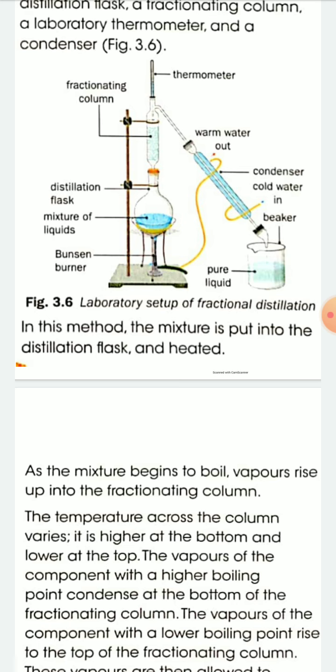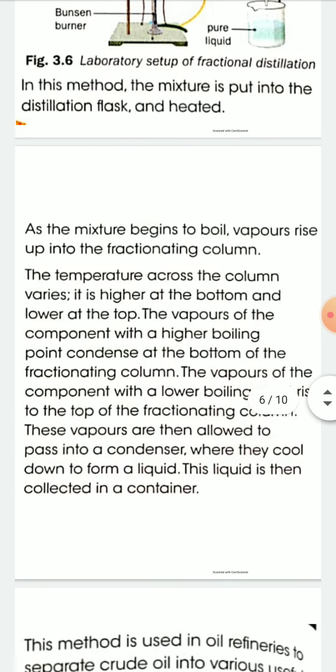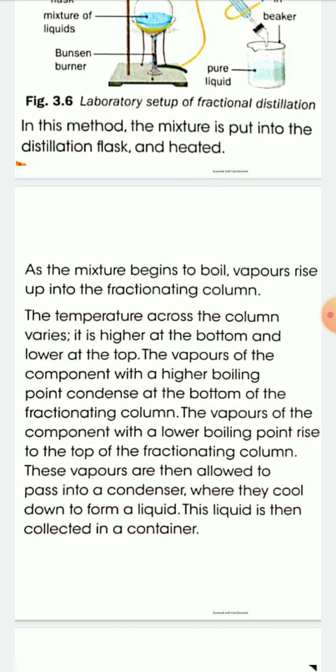What you will see when you heat the mixture: as the mixture begins to boil, the vapor rises up into the fractionating column. The temperature across the column varies. It is higher at the bottom and lower at the top.